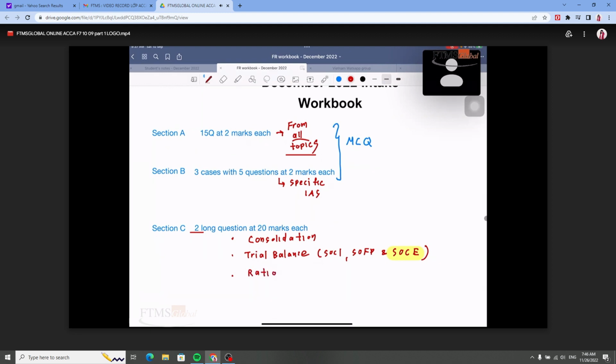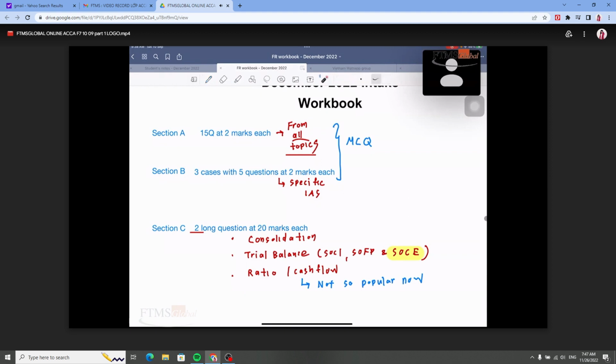But nowadays cash flow is not so popular. So you will not be expecting a full cash flow question of 20 marks.